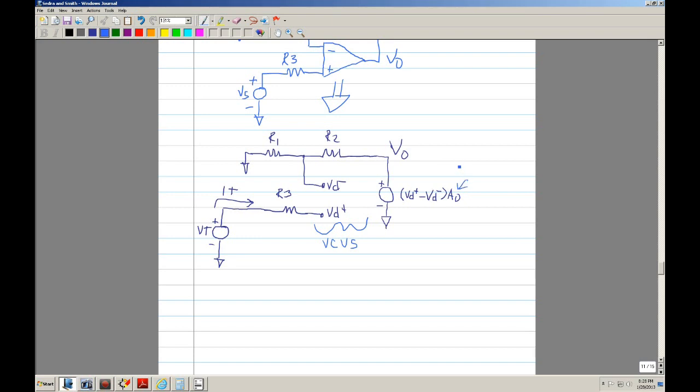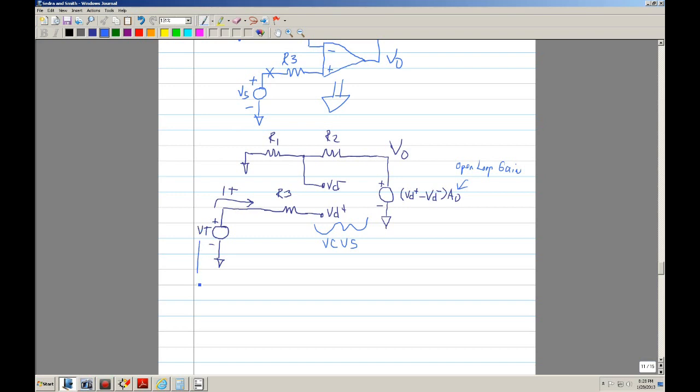A sub naught, which is the open loop gain. Okay, so in this first analysis, what we do is we unhook your source, or actually we can use the same source, but we label it instead as VT.